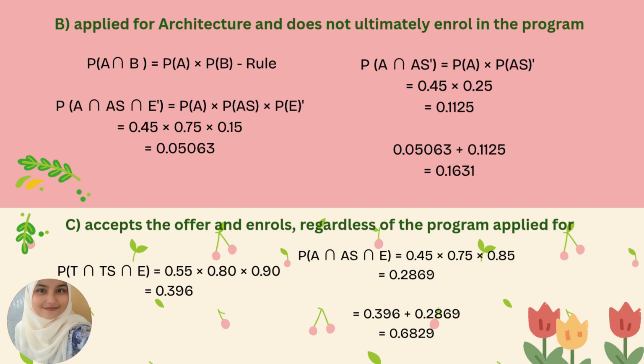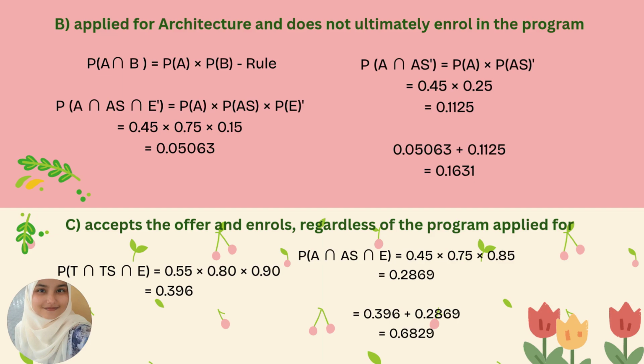For students who apply for TESOL, the probability is 0.55 multiplied by 0.80 multiplied by 0.90, which equals 0.3396. For students who apply for architecture, the probability is 0.45 multiplied by 0.775 multiplied by 0.85, which equals 0.2869.